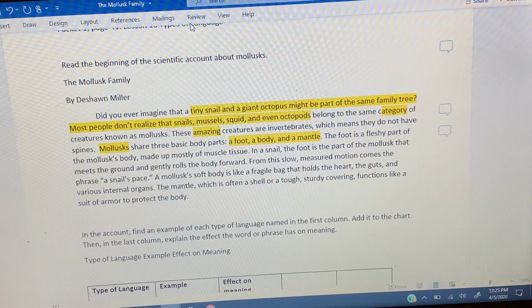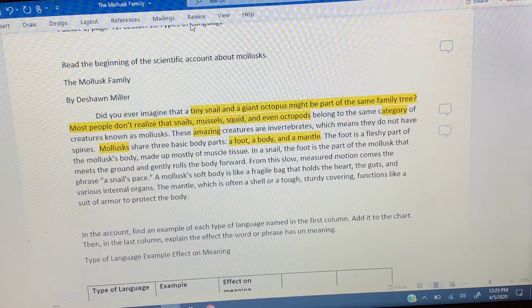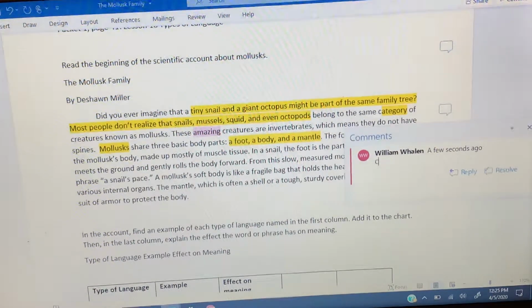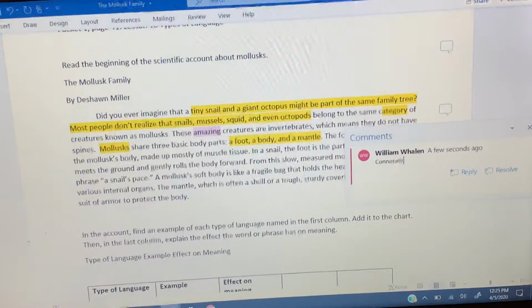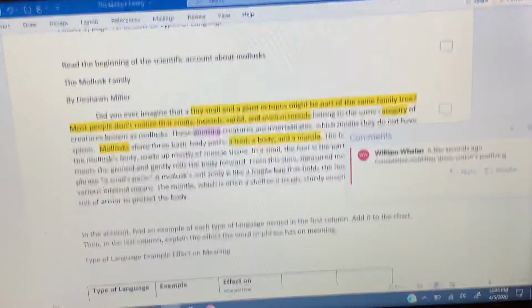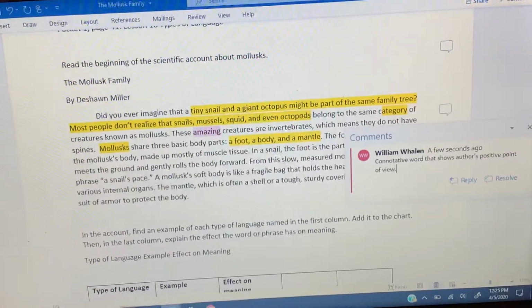It tells us something about the author's point of view about mollusks. The author is excited about mollusks. So we're going to add that this is a connotative word that shows the author's positive point of view.